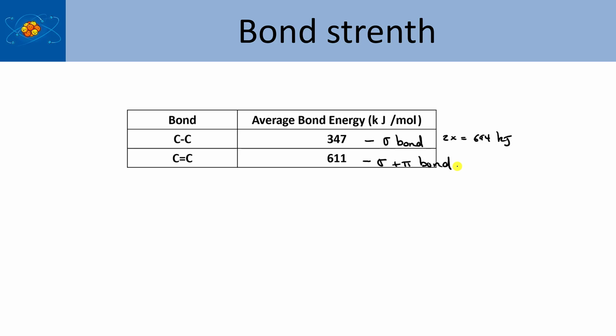And if we just subtract those two numbers, we end up with a difference that says the pi bond has an energy of about 264 kilojoules. That's sort of a ballpark thing. It's not going to be exactly that every time, but you'll notice 264 is significantly less than 347. And that happens because of the poor overlap between the p orbitals in the pi bonds being side by side.